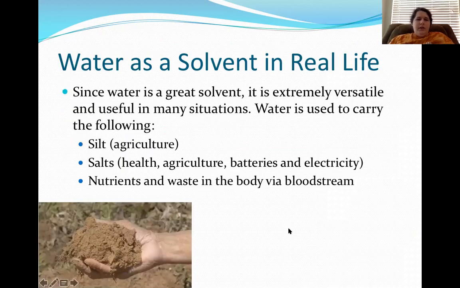Since water is such a great solvent, very good at dissolving things, it is extremely versatile and useful in a lot of situations. So water is used to carry the following. It can be used to carry silt in agriculture.